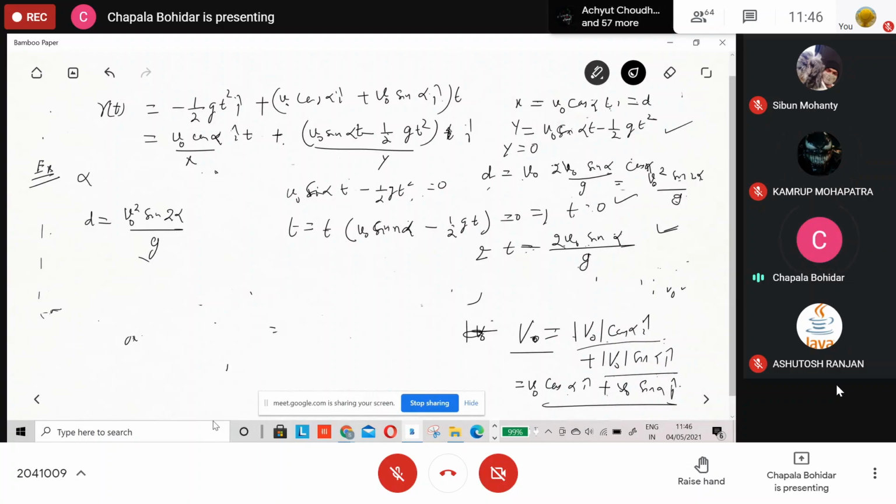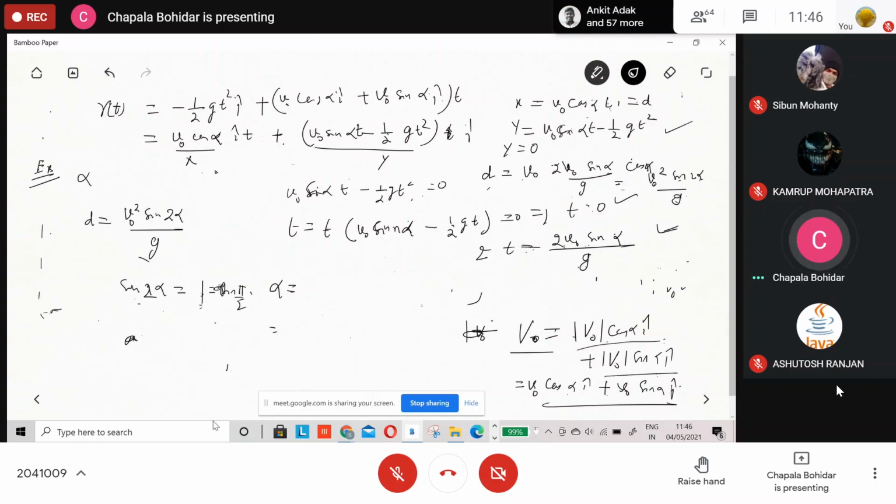Sine 2 alpha is equal to the maximum value, 1, which means 2 alpha is equal to pi by 2.